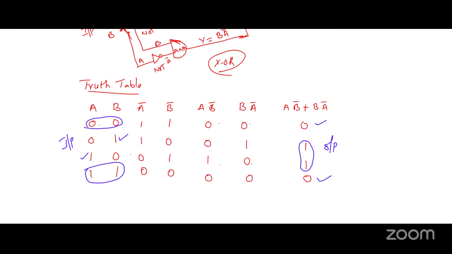Okay, here low, high. So the output becomes high in this condition. Getting my point? So this is about the XOR gate. You should be very careful with this XOR gate. But where we are using this XOR gate, now we will discuss another one.